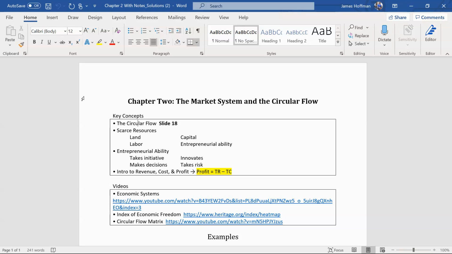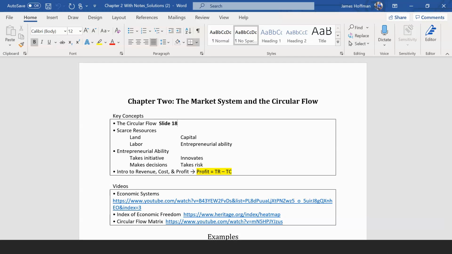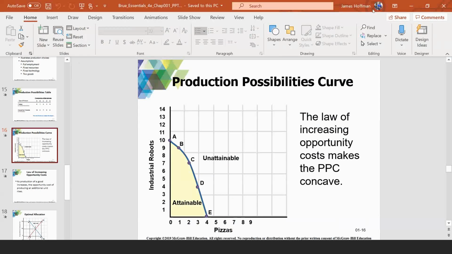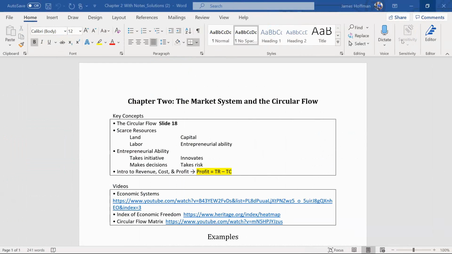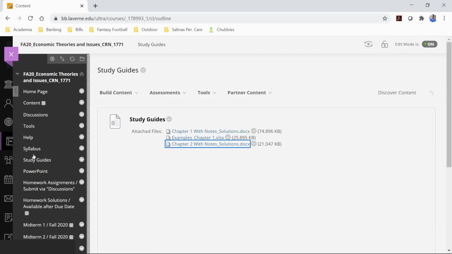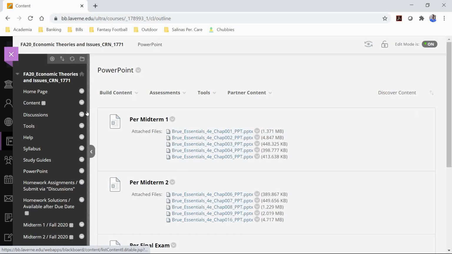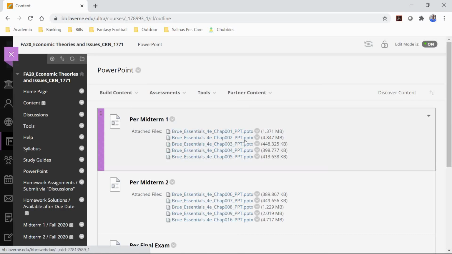First, let me show you the circular flow model on slide 18 in the chapter 2 PowerPoint. In the PowerPoint section, let me open up the chapter 2 PowerPoint.